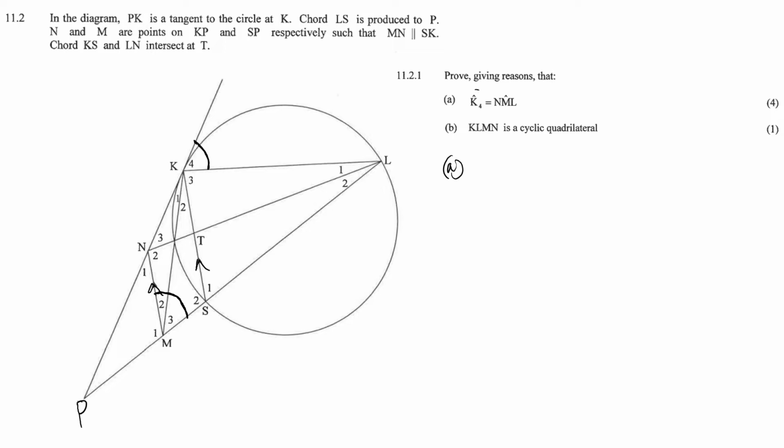So you check your K4 alone to say what K4 is equal to, using your Euclidean geometry theorems. And you again check what MNL is equal to. You'll find that they are actually equal to the same thing. Therefore, you can conclude they are also equal to each other.